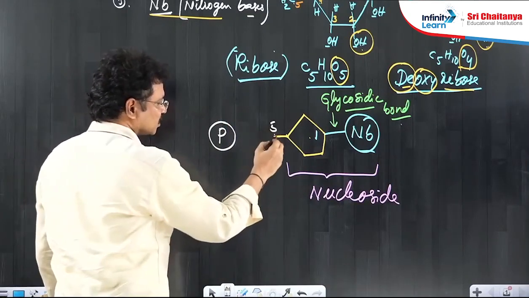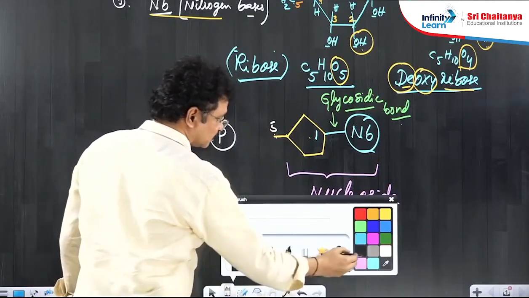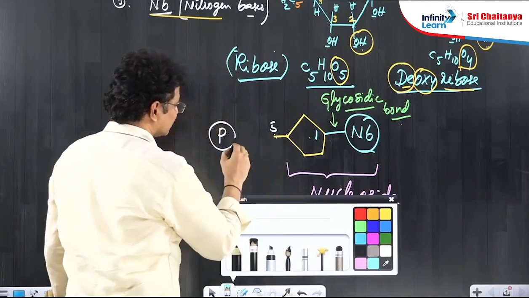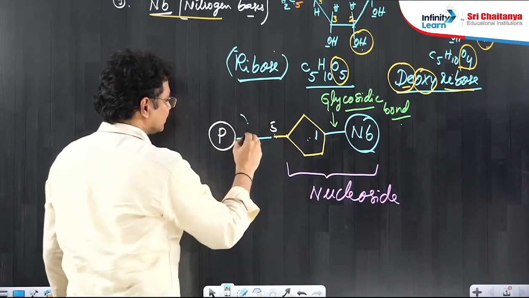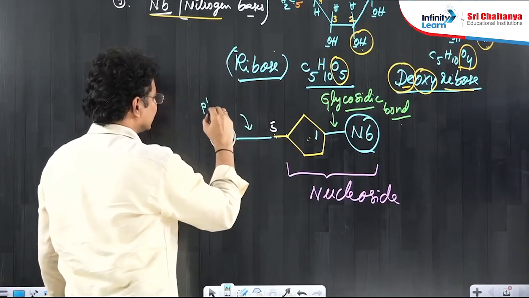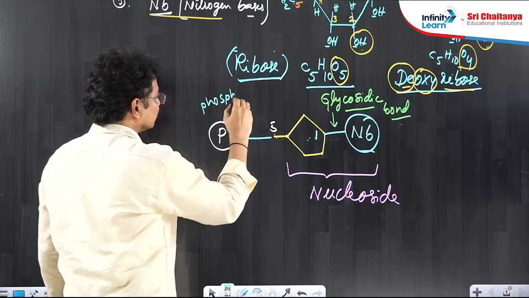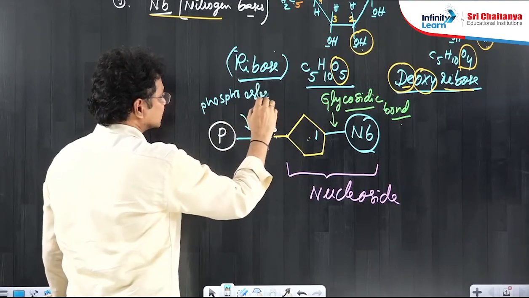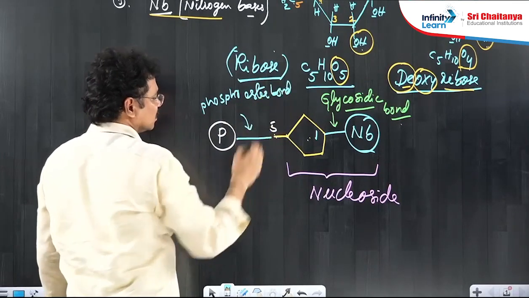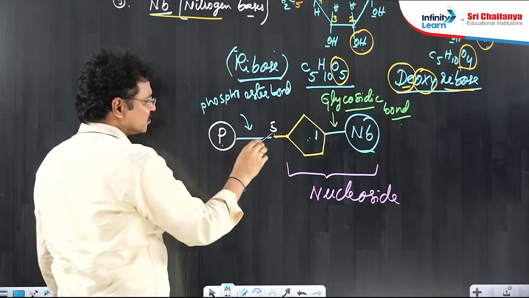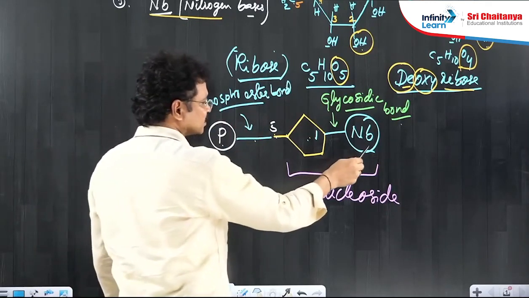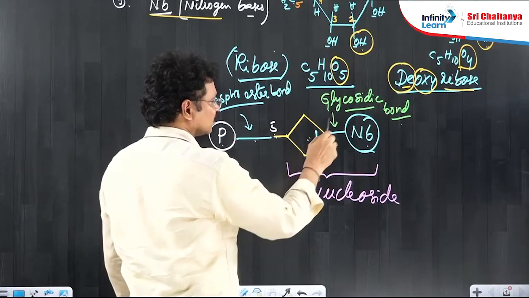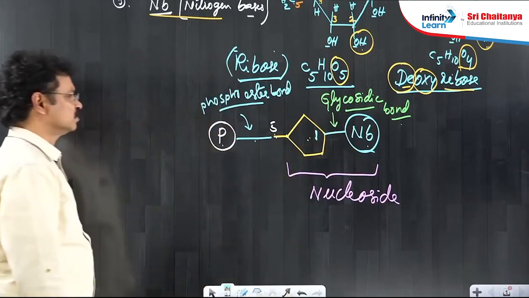It is linked to the fifth carbon of the sugar molecule. The name of this bond is the phosphoester bond. Phosphate binds to the fifth carbon of sugar by the phosphoester bond. The nitrogen base is linked to the first carbon of sugar by the glycosidic bond.